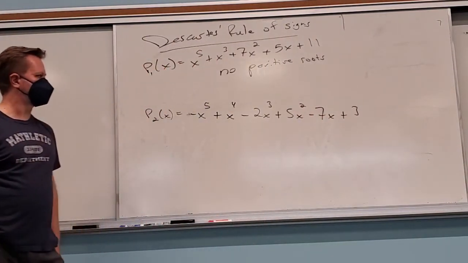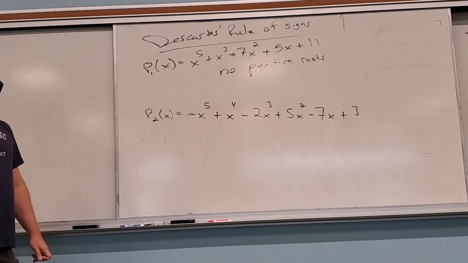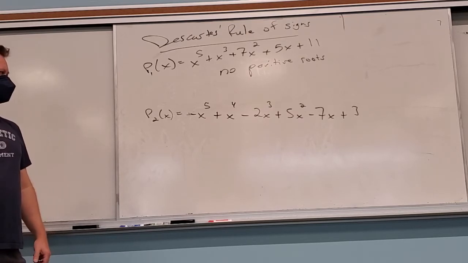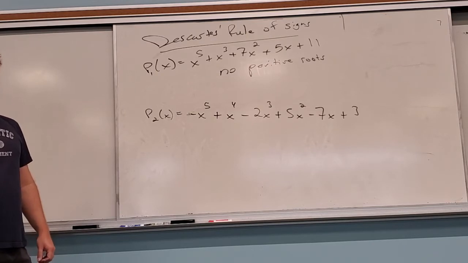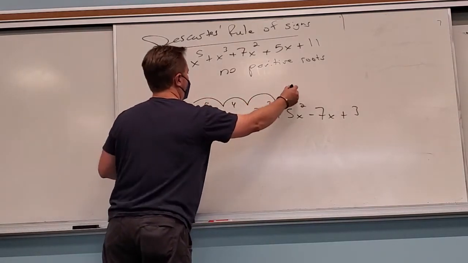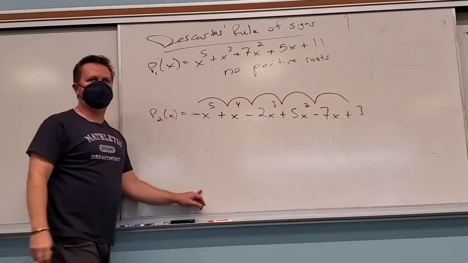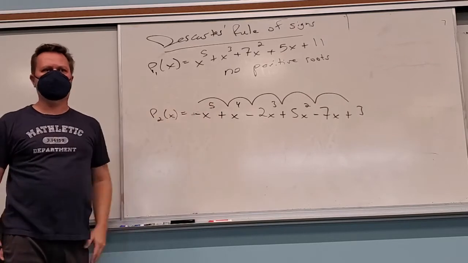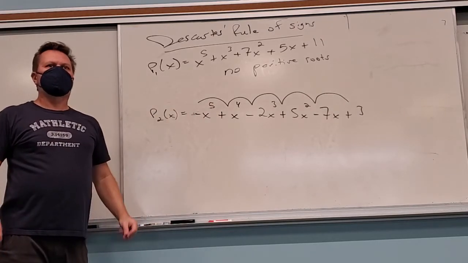How many times does the sign change here? 1, 2, 3, 4, 5, right? So it changes everywhere. So could there be some positive roots? I don't know, there could be. But what about negative roots?